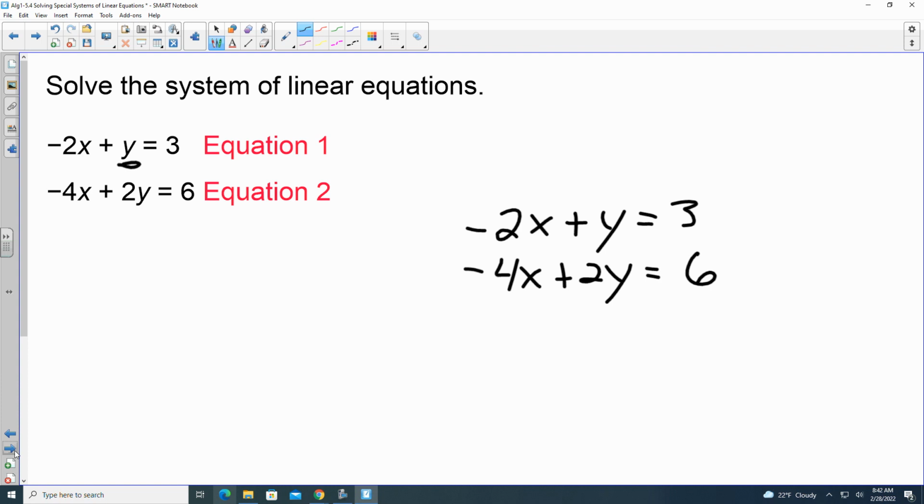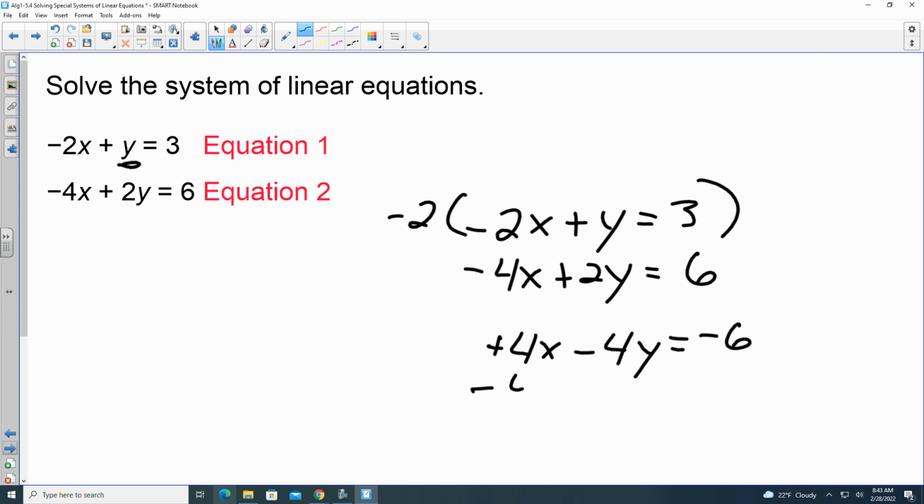I'm going to choose to eliminate y, so I'm going to multiply this top equation by -2. And when I do that, I get positive 4x minus 4y is equal to -6.